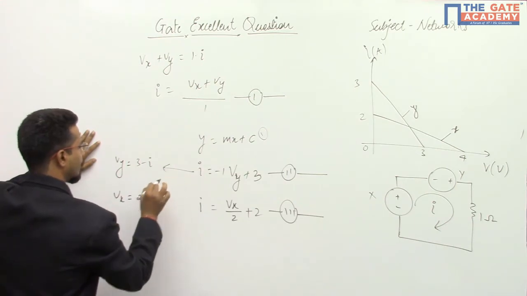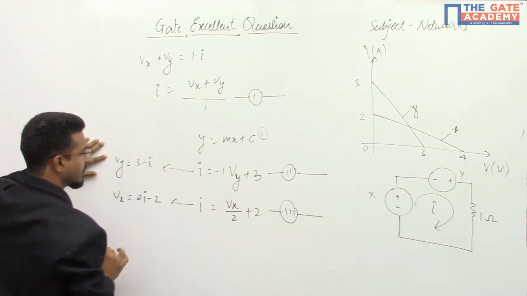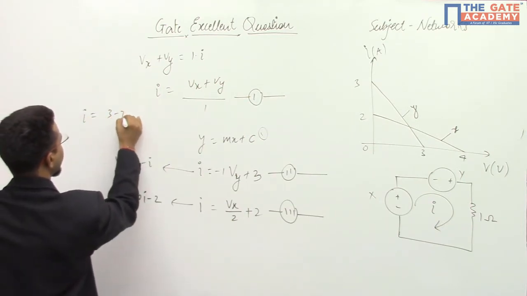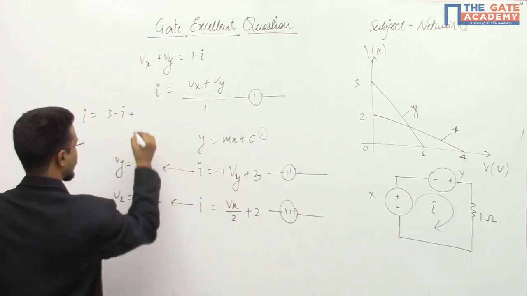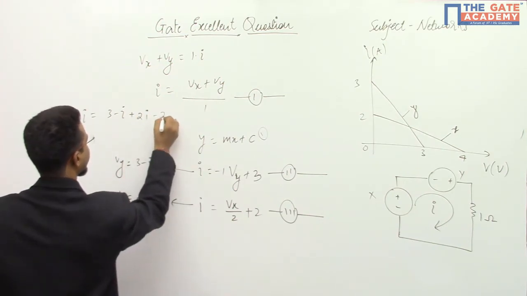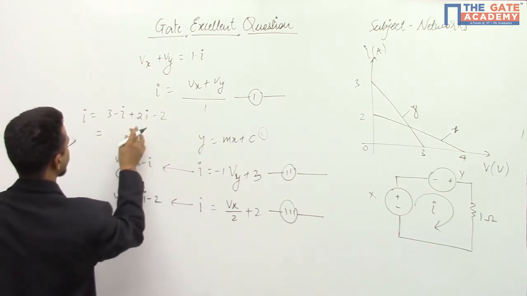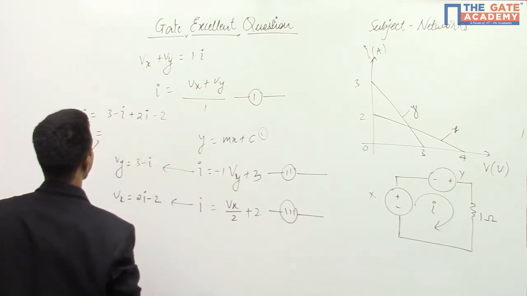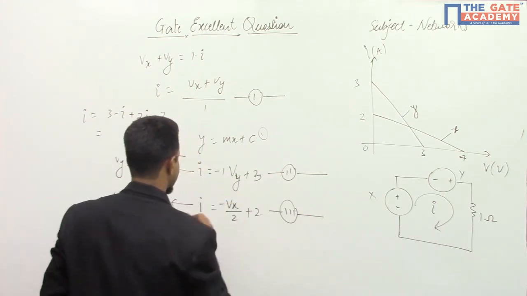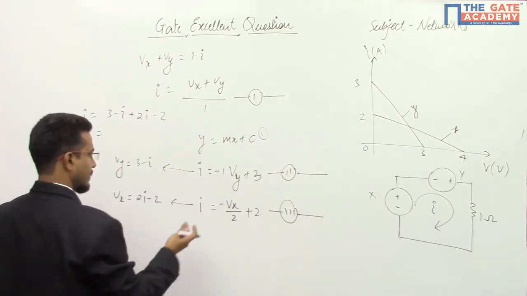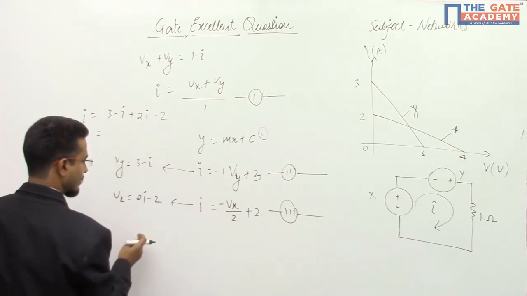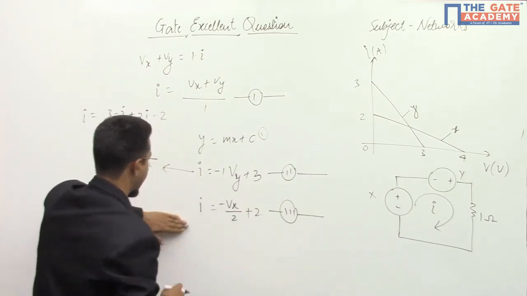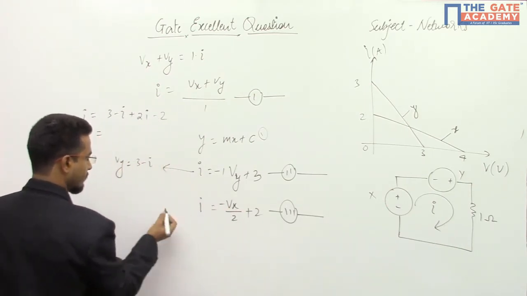Now we are getting the values of Vy and Vx from these two equations. Just put the values here. So I is equal to 3 minus I plus 2I minus 2, and we will get the value. One mistake I made previously: if I calculate the value of Vx from here, the Vx will become this.